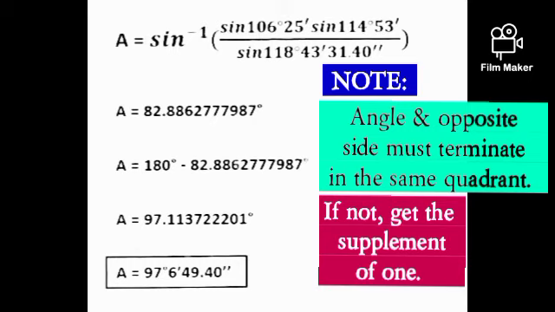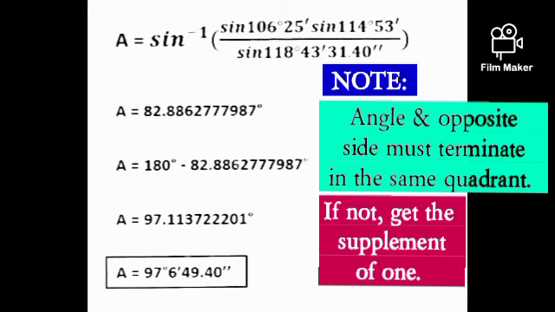Thus, we take the supplement of 82 degrees, we subtract 82.8862777987 from 180 degrees. And you should get A equals 97.11372201 degrees.